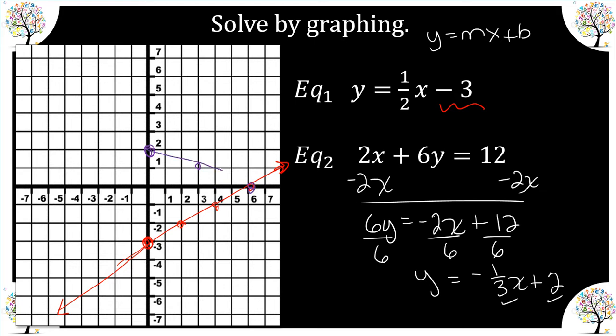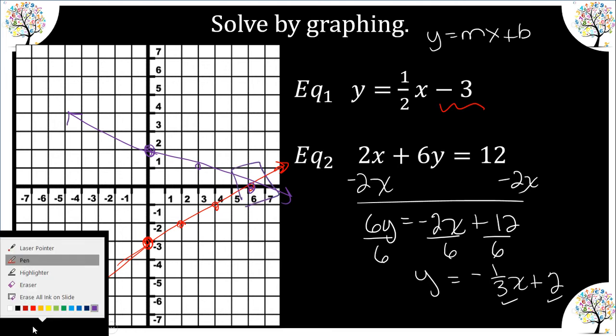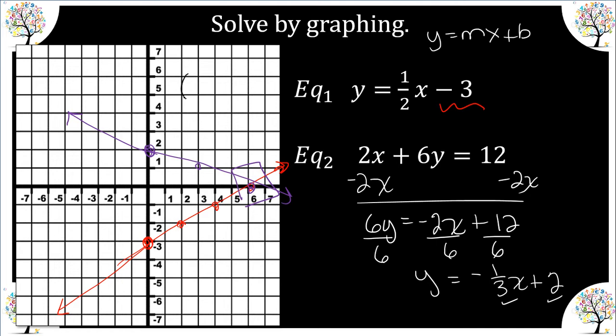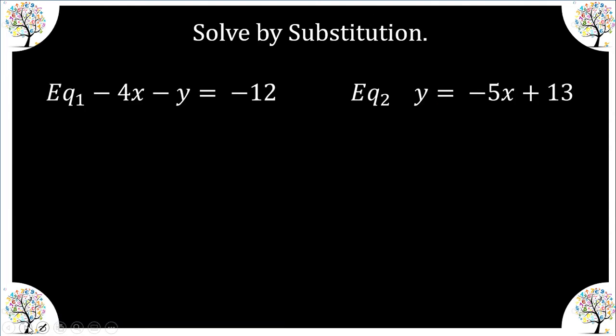And we can see that our two lines intersected at this ordered pair 6, 0. So 6, 0 is the solution to this system. This means if we plug in 6 for x and 0 for y into both equations, we will get true statements. This is the only ordered pair that both equations share.